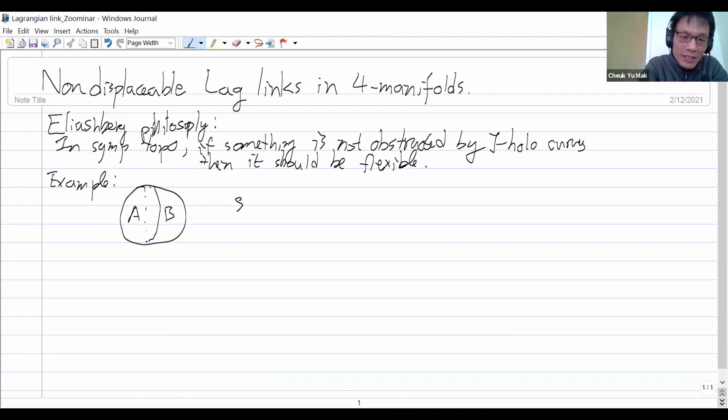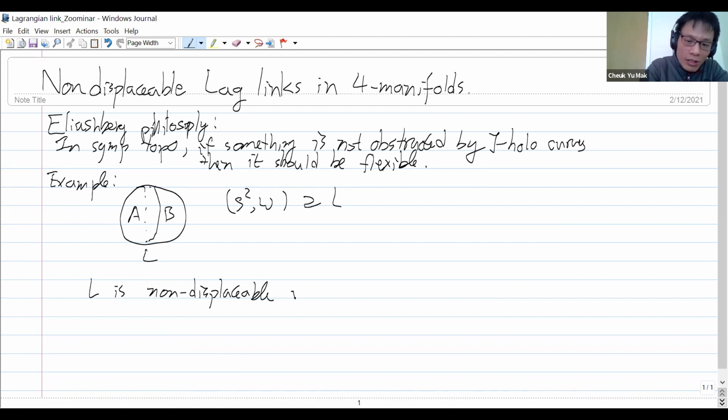If we have a sphere together with a circle L lying inside the sphere, separating the sphere into two regions of area A and B, then we know that L is non-displaceable if and only if A equals B.